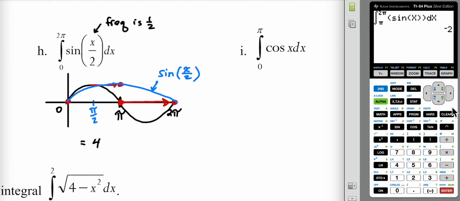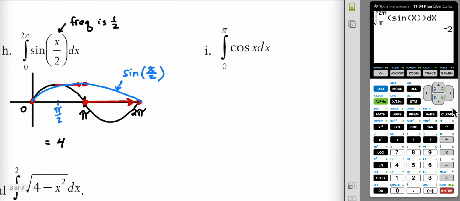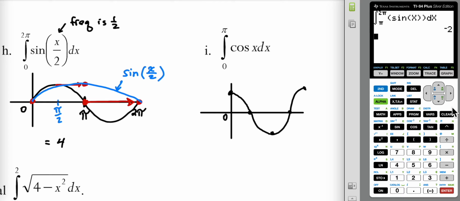All right. For I, we're onto a cosine function. Let me just draw a quick sketch of that. Now, as we know, a cosine function is just a shifted sine function. So it's saying to go from 0 to pi, here's pi, and if you look at this, you see that we're looking at equal parts above and below the axis.